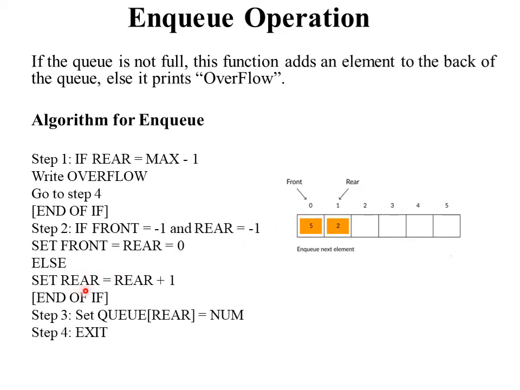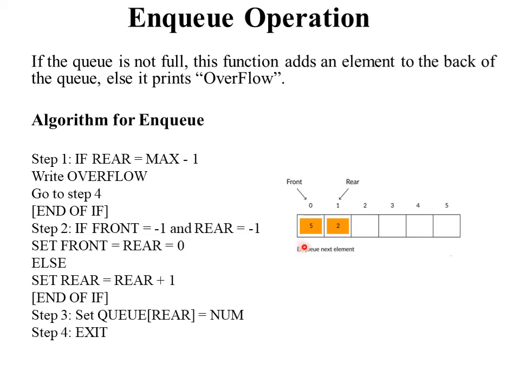Else set rear is equal to rear plus 1, means otherwise rear is incremented by 1. And in step 3, we insert element in rear end. Step 4 is exit.